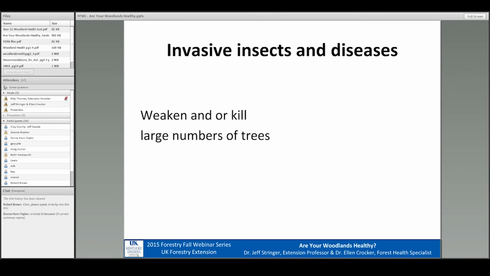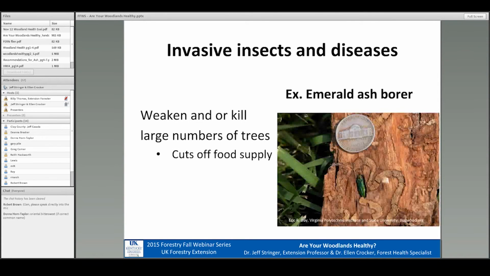So one of the ways that invasive insects and diseases can weaken and kill trees is by cutting off their food supply. So for that, I'm going to use the example of the emerald ash borer. Pictured here, you've got an adult emerald ash borer just getting ready to emerge in the spring. It had been a larva growing in that tree.